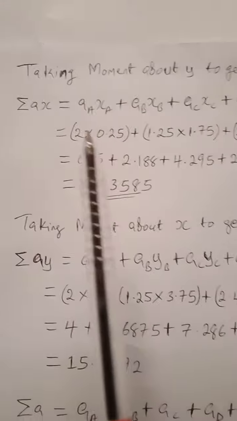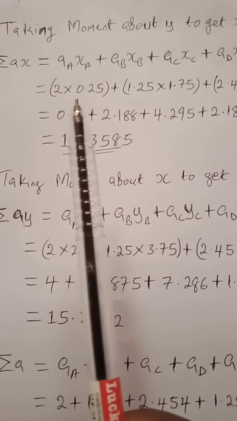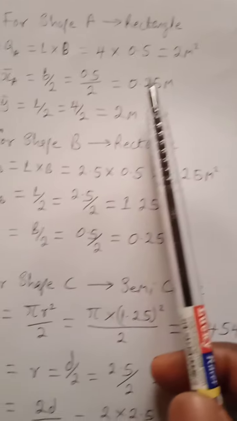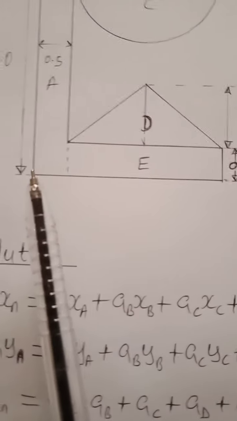In this aspect now, the area for the first shape, which is the rectangle, is 2, as we have obtained it here. You can see the area is 2. Then the distance is equal to 0.25, which is half of this 0.5.